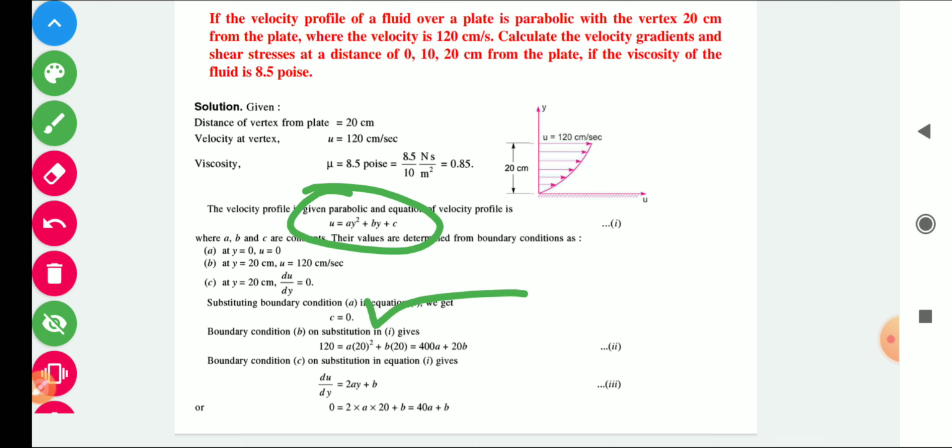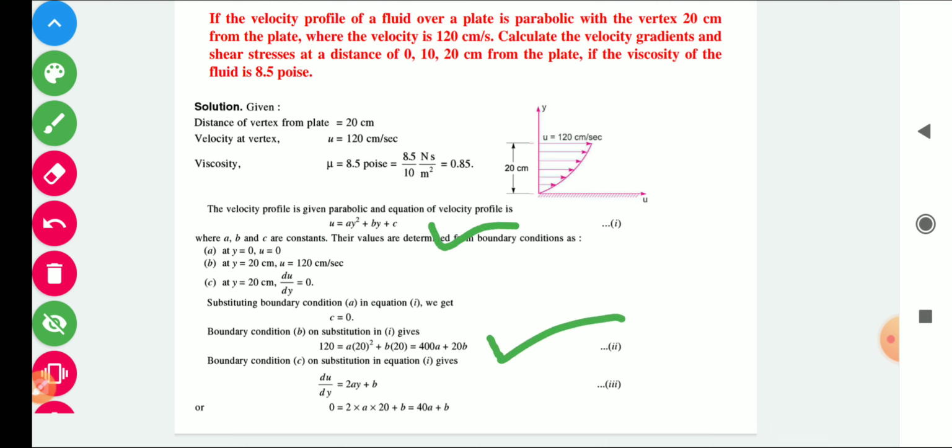Similarly, for the second boundary condition, at y equal to 20, the velocity equal to 120 centimeter per second, if we put this value in the equation, then the final equation will be this one, and if we differentiate this equation, then we will get du by dy equal to 2ay plus b, and c is already 0.